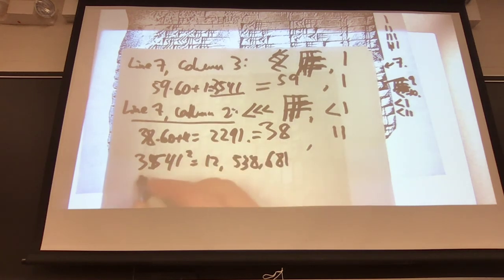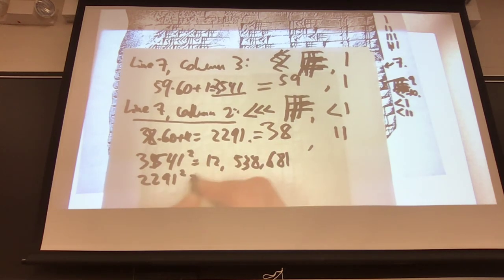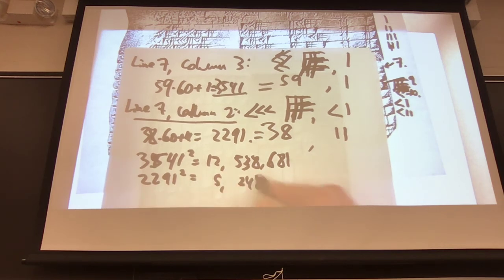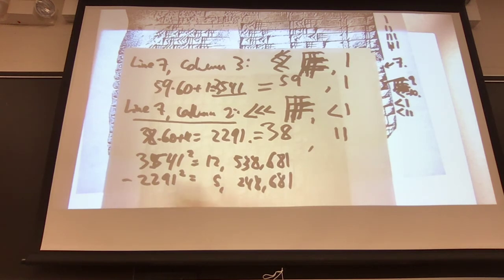How about 2291 squared? 2291 squared is 5,248,681.